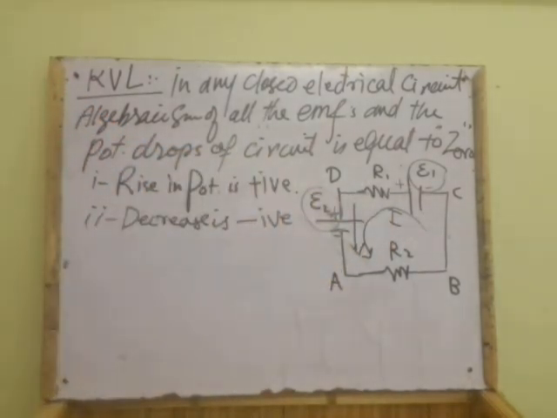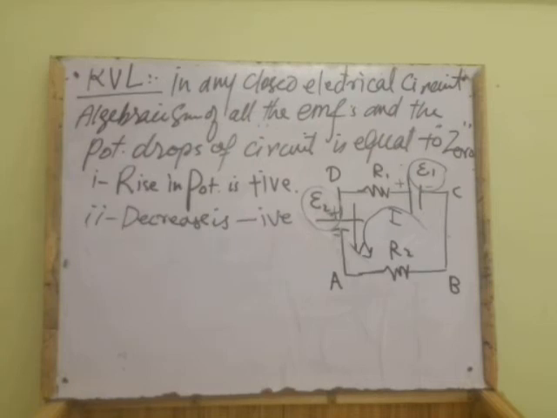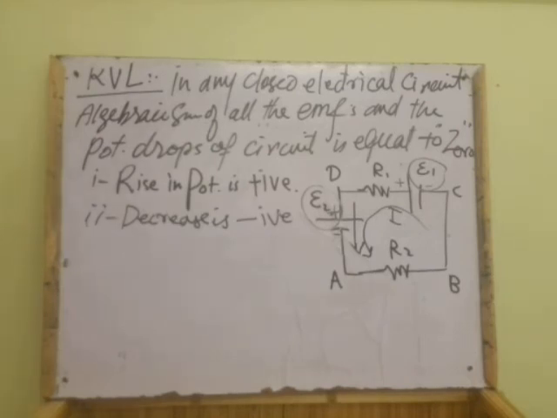Again, assume that the direction of the current is either clockwise or counterclockwise. This is a relaxation for the problem solution. You can take the direction of the current as clockwise or anti-clockwise.